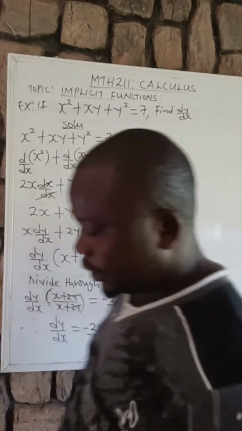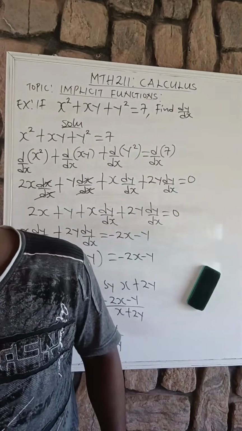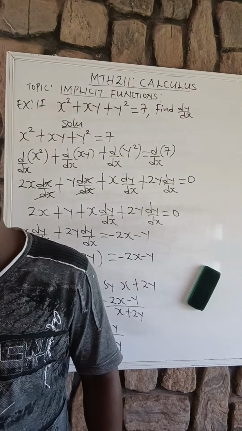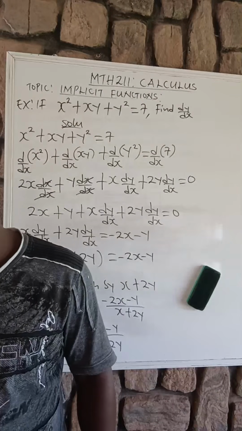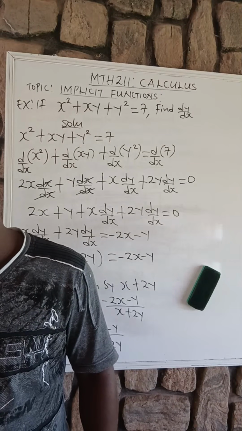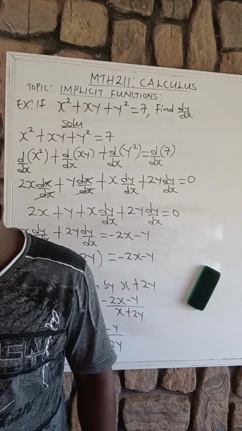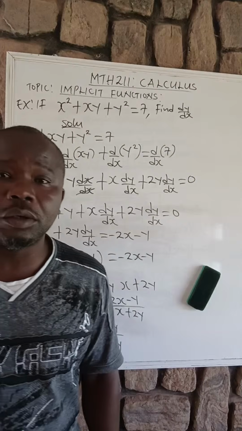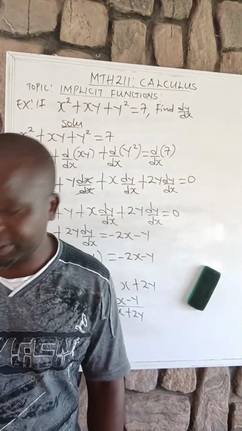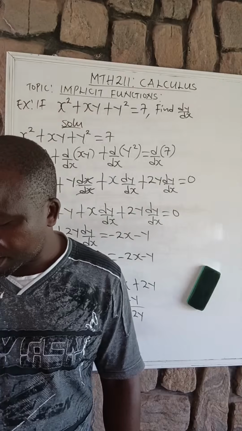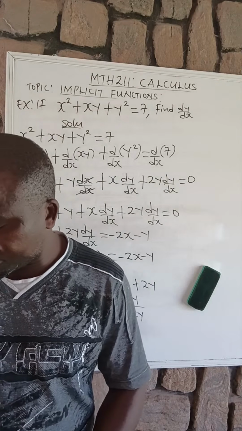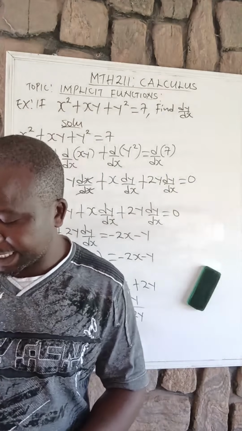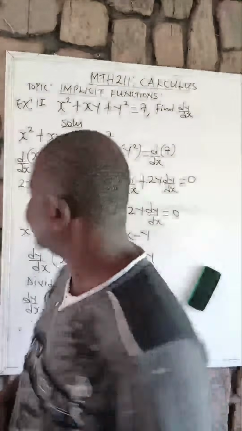Okay, so let's consider more examples. They said we'll look at 2 more examples, then we'll call it a day. Is that clear? They said find the slope of the tangent line at point.